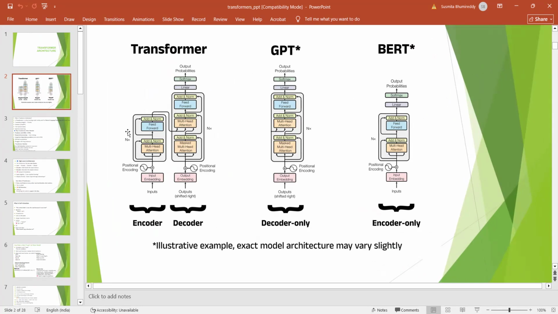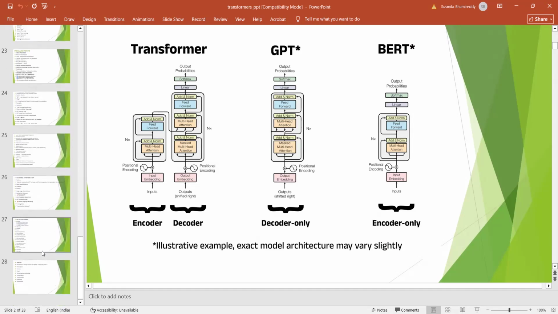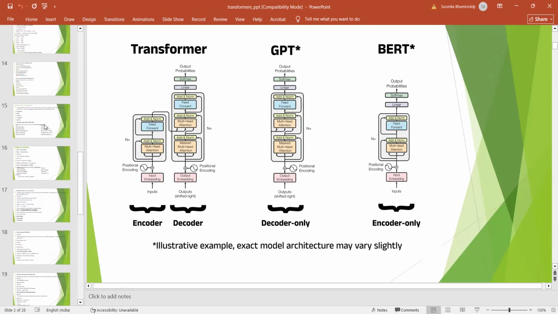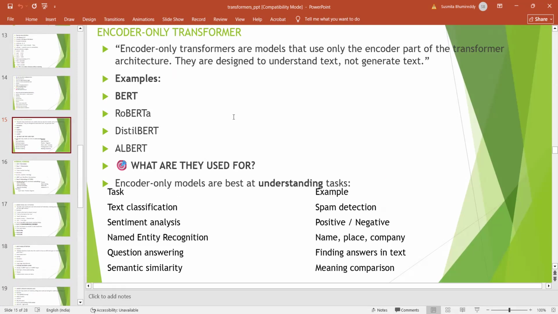The main goal is just to understand the sequences, like who is related to whom and which words matter. They are designed to understand the text only. It won't generate the text. The generating part is the decoder. The encoder-only transformer architecture is just understanding the text.